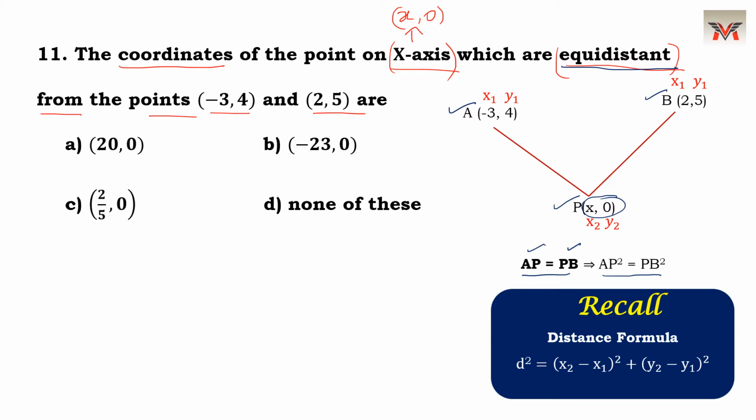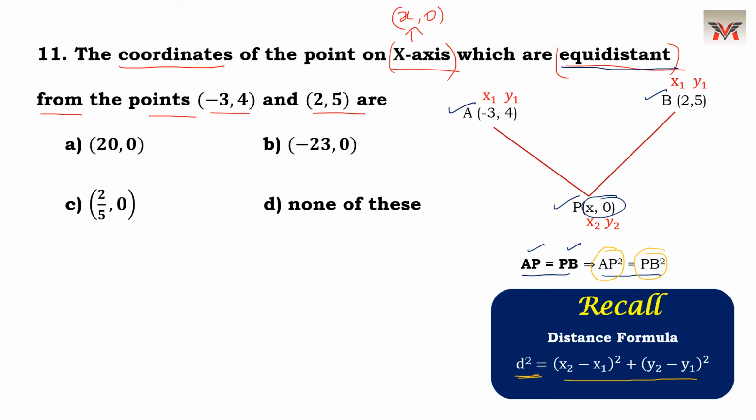Here I am considering d square itself, because AP square is equal to PB square. When the distances are the same, the squares of them will also be the same. Therefore, we can just go with (x2 minus x1) whole square plus (y2 minus y1) whole square to find both the distances.